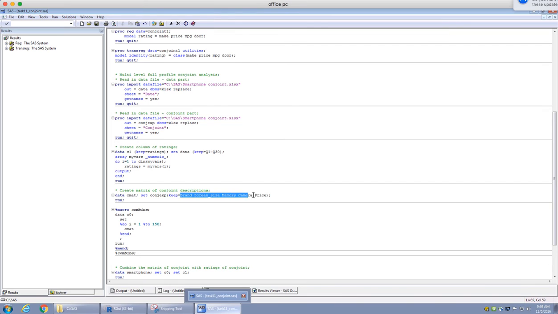I'm only going to keep the 5 parts here: brand, screen size, memory, camera and price. I'm going to have a combination of this C matrix, not just once, but 150 times, because 150 was the maximum number of observations that I had. So I'm going to call that method by using a macro and just repeat that 150 times.